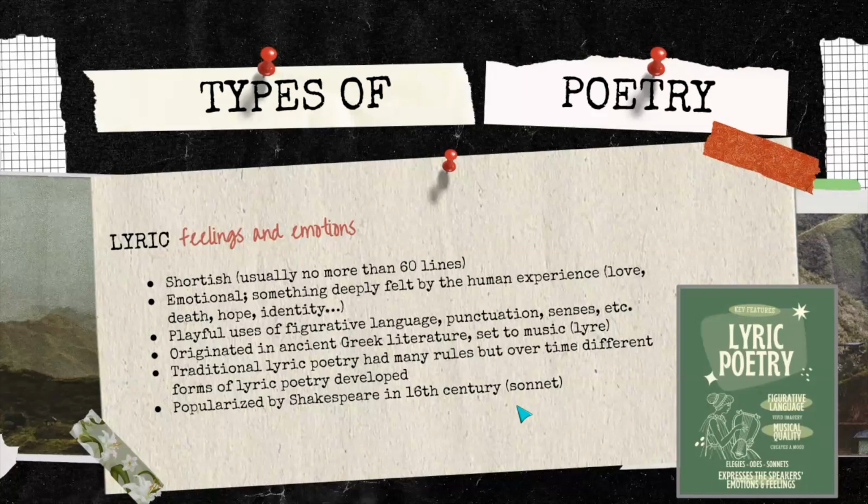There's a musical quality to it because it was originally set to the lyre. And so it was a poem recited while music was played. It grew over time to have different forms. So elegies, odes, and sonnets happen to be all types of lyric poetry. So again, when you click on that resource, you'll see a variety of examples of lyric poetry.